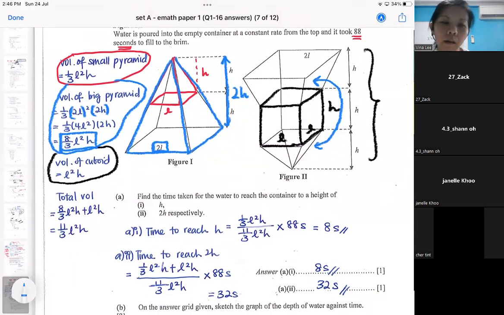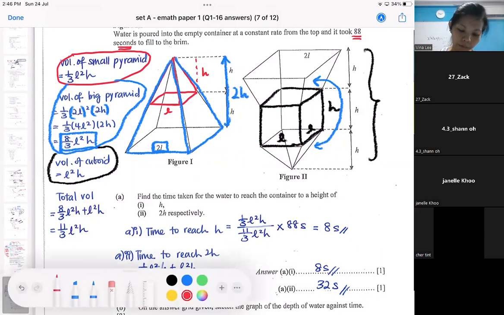Then you might be thinking, why do I find the small pyramid? I'm finding the small pyramid later on for this part. But I found out the total volume first.